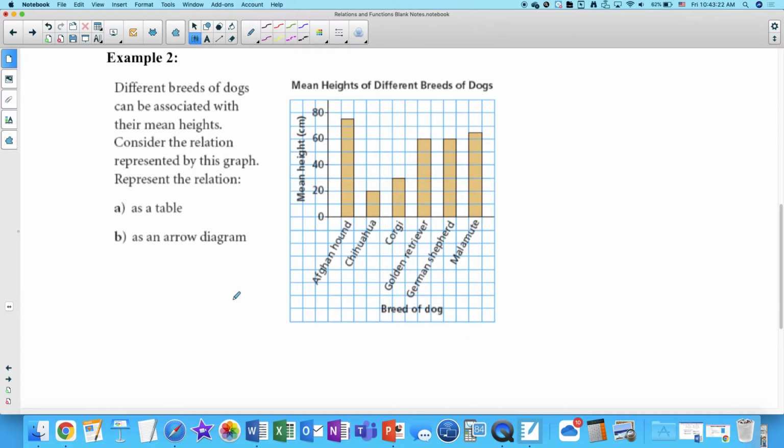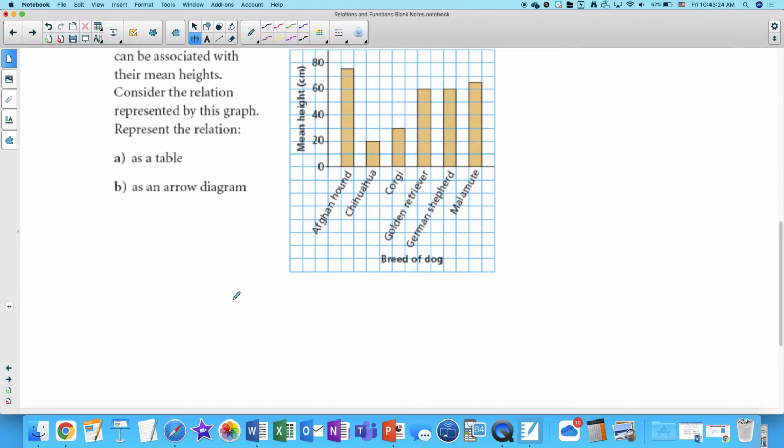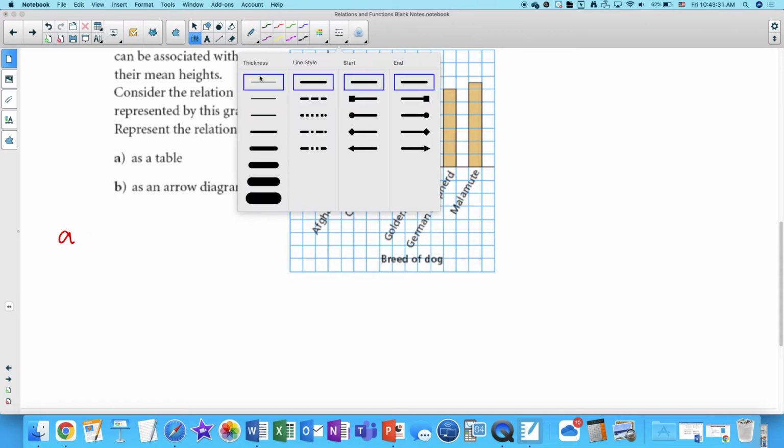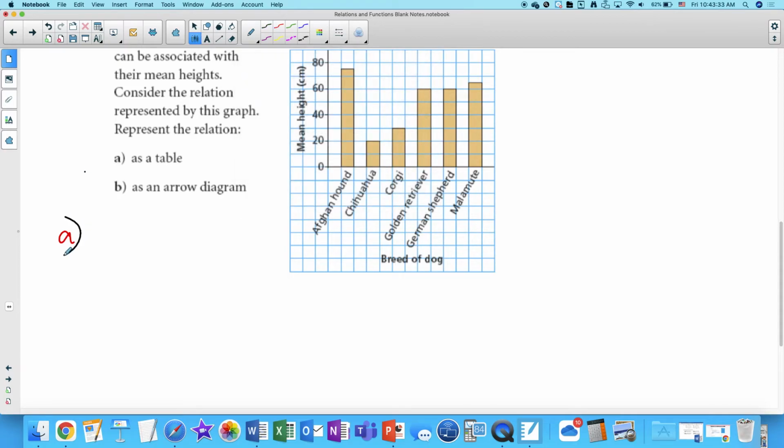So as a table, if I'm making a table, let me switch back to black. Which of the 2 variables should go on the left? Which one should go here? Yeah. Well, the independent variable should go on the left and the dependent.